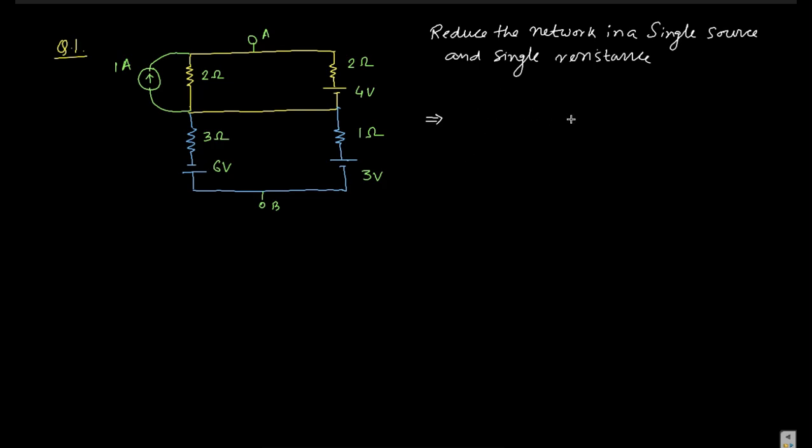Okay, first you convert this voltage source. Here is a voltage source with a series resistance. So this voltage source and series resistance can be converted into a current source with a parallel resistance.